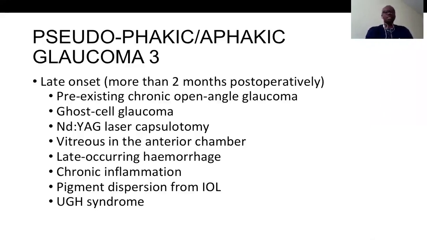The last on this list is the UGH syndrome. It has been described in patients who have received iris fixated IOL. It has also been described in patients with PC IOL, even though it is more generally seen with AC IOL. These patients have iridocyclitis, they have raised intraocular pressure, and they have hyphema.